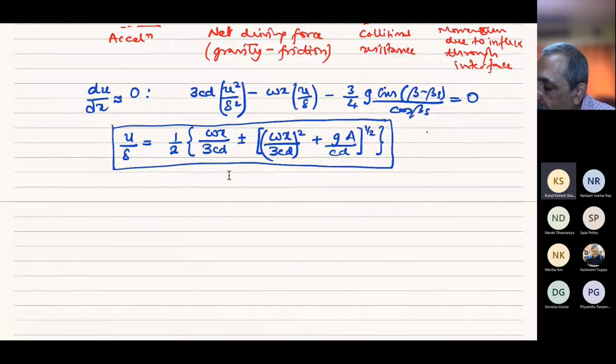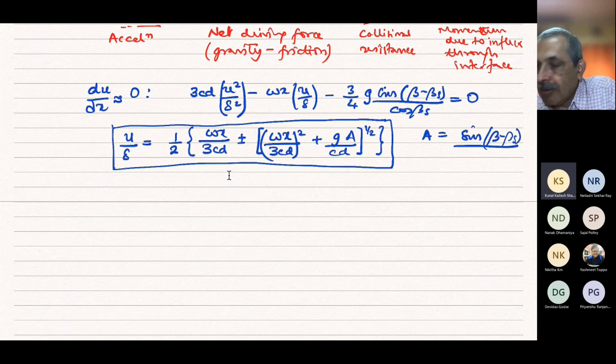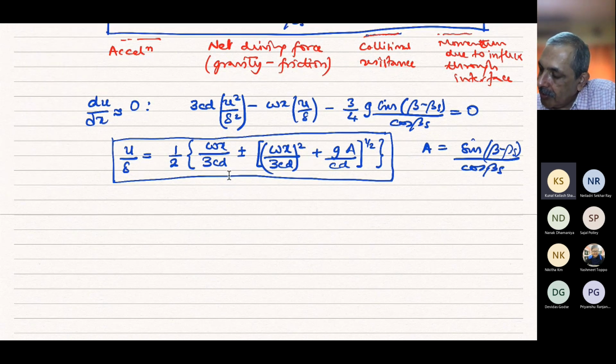Over here, A is a known constant, equal to sine of beta minus beta s divided by cos beta s. So instead of this whole thing, you just call it A.